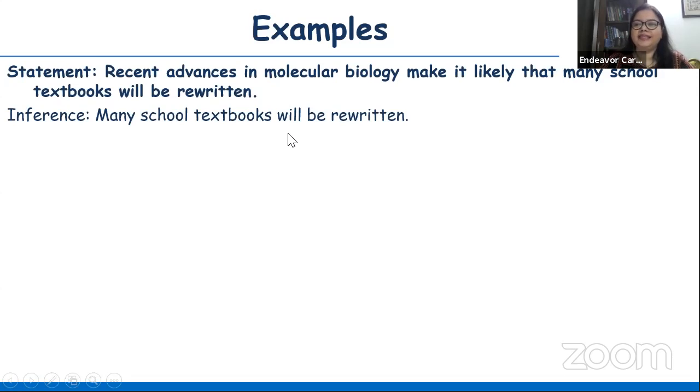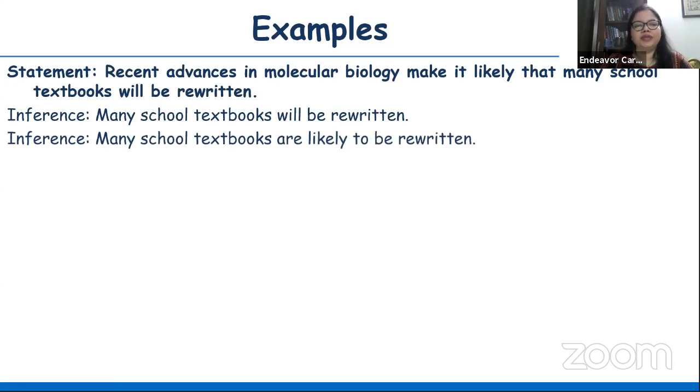Will is a definite word, a word that indicates something that will happen in the future. Many school textbooks are likely to be rewritten. Can I take this? Yes. Is the second one my correct inference? Yes, it is. Why? The word likely is important. Many school textbooks are likely to be rewritten.